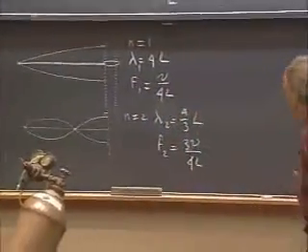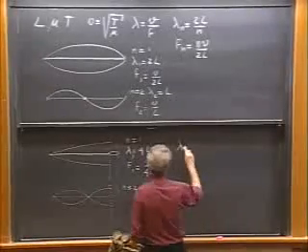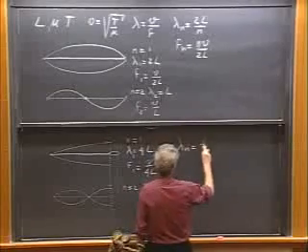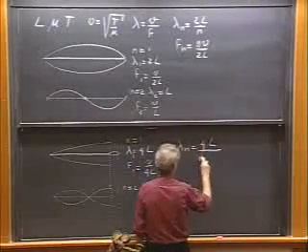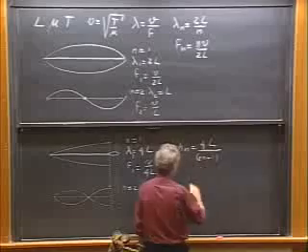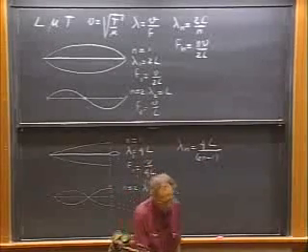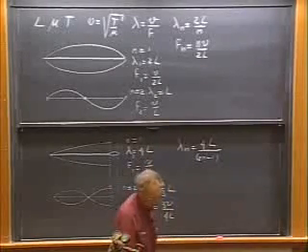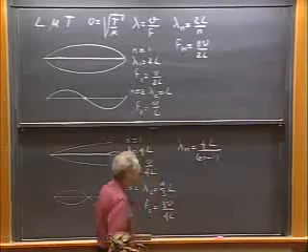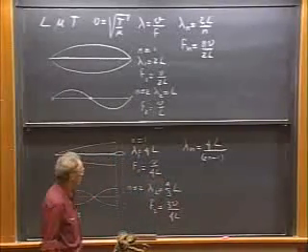So we'll find then that lambda n is now 4L divided by 2n minus 1. And that now changes the picture quite dramatically.